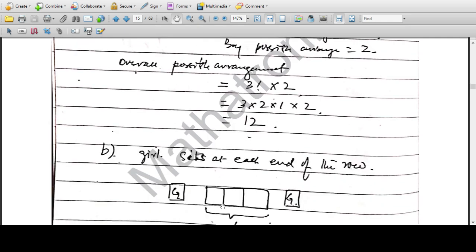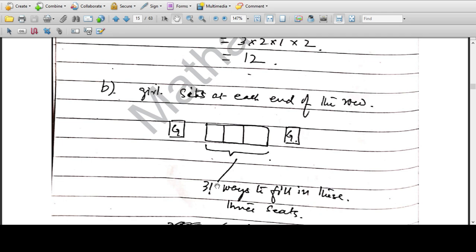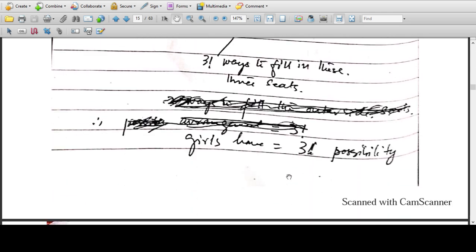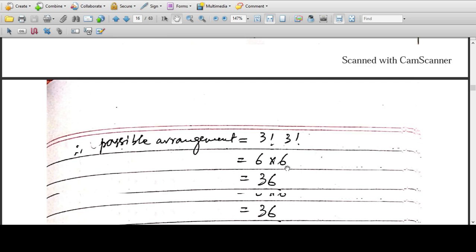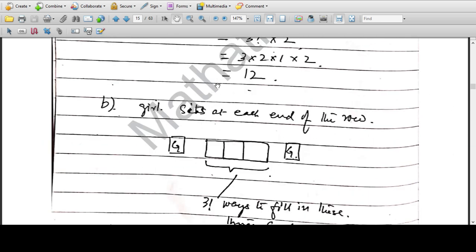Now, a girl sits at each end of the row. So 2 girls are here, and the remaining 2 boys and 1 girl can be arranged in 3 factorial ways. The girls could be here, or the second one, so 3 possibilities are there.